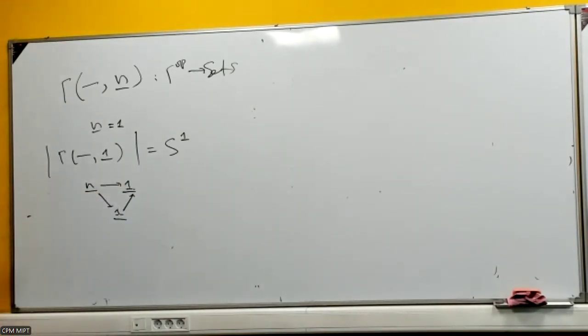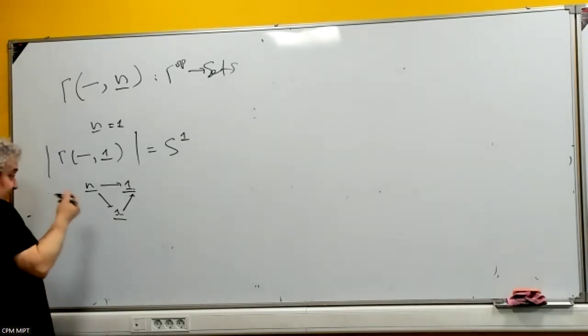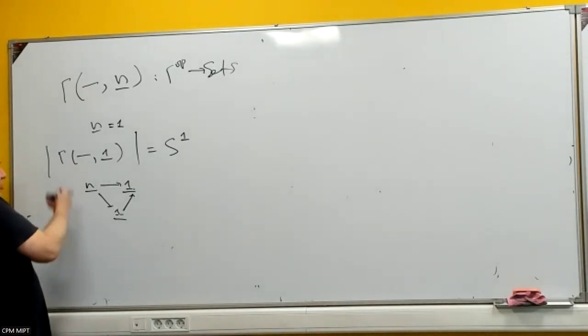Those which are sent to empty become degenerate in the sense of delta, right? So it means that when you restrict to delta, you have only one non-degenerate simplex. So only one non-degenerate simplex when you restrict.